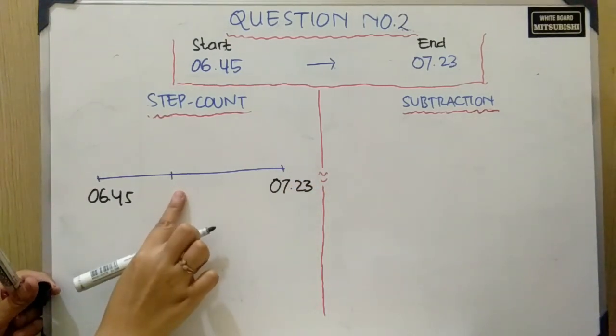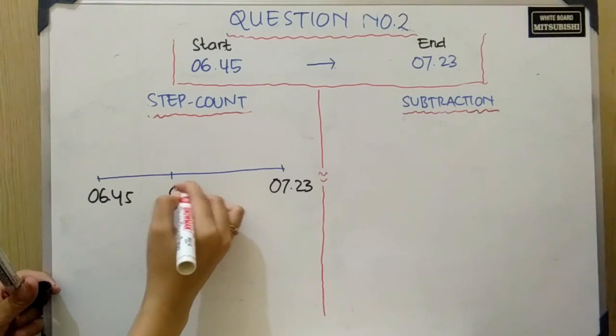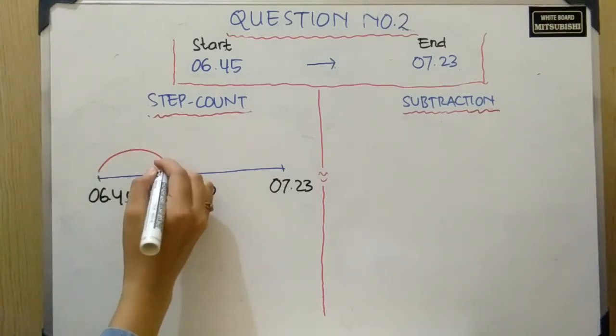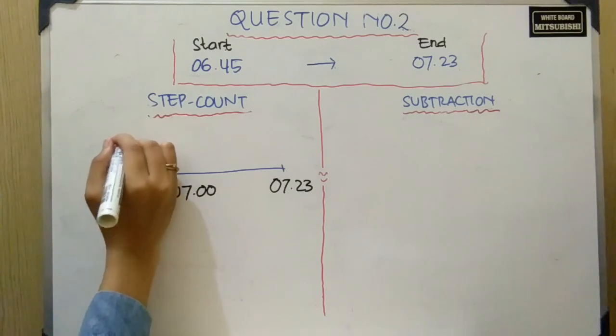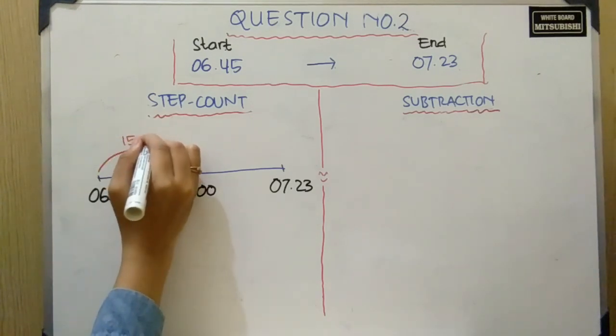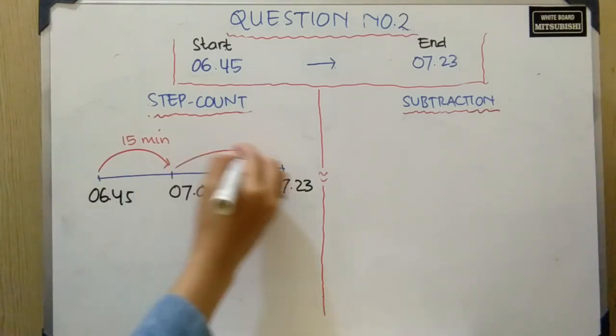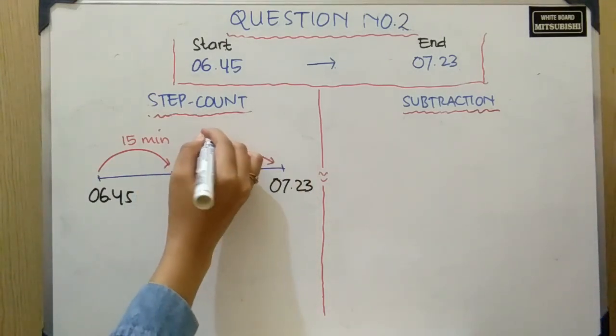First, we count on in minutes to the next hour. The next hour is 7 o'clock. So from 6:45 to 7 o'clock, we count on 15 minutes. Then from 7 to 7:23, it is 23 minutes.